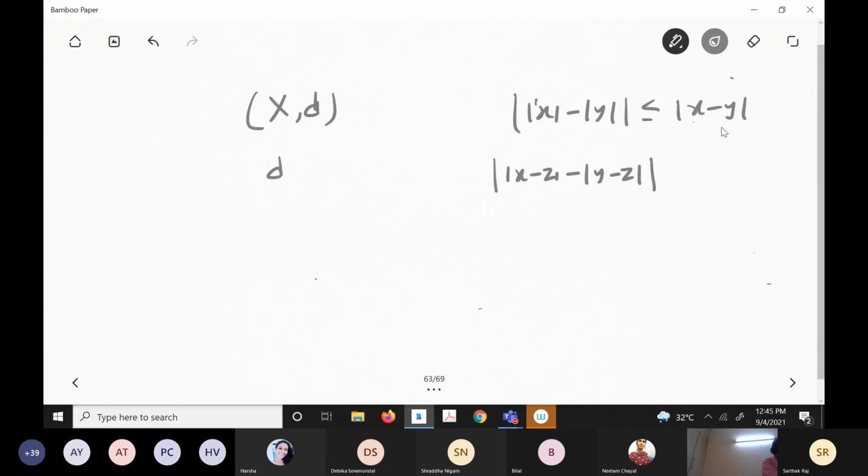Then the difference will again be the same as x minus y.